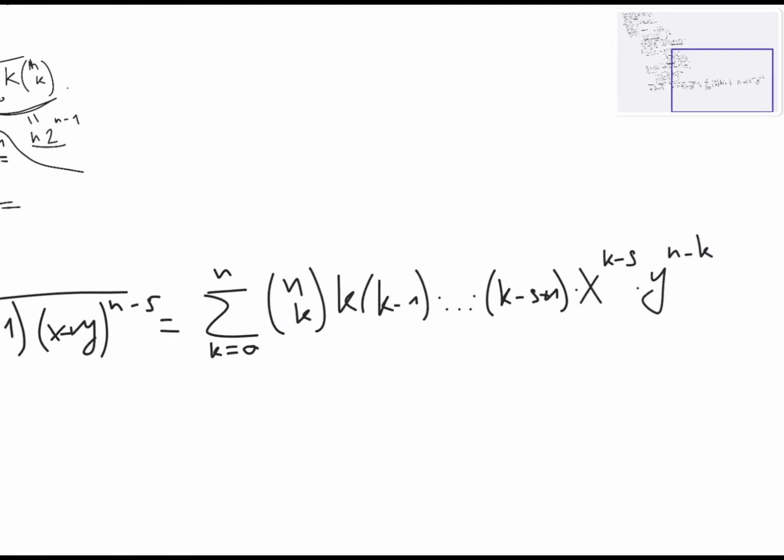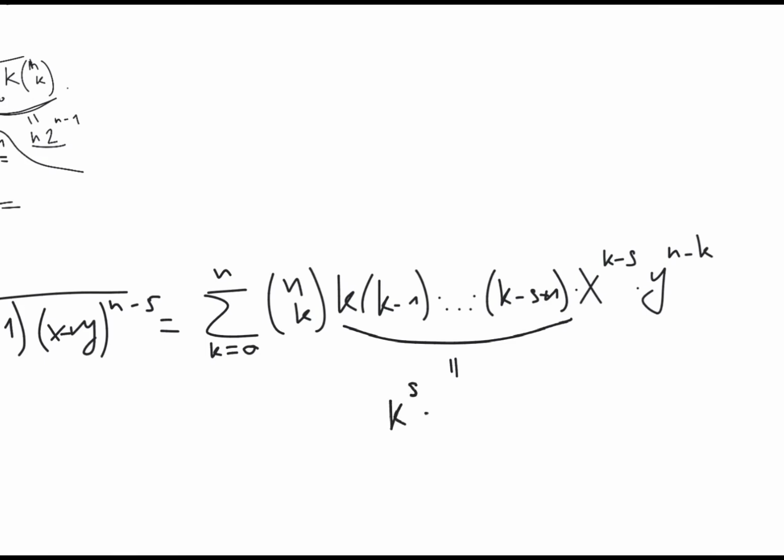Now when we expand this expression, it will be k to the power s plus some terms with coefficients: alpha s minus 1 times k to the power s minus 1, and so on, plus alpha 1 k plus alpha 0.